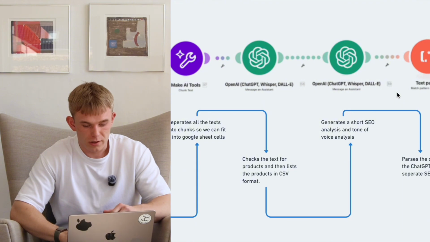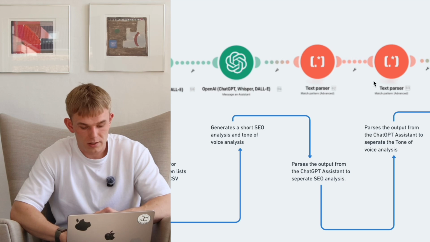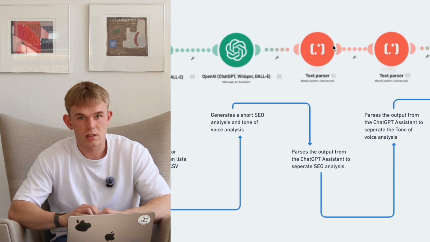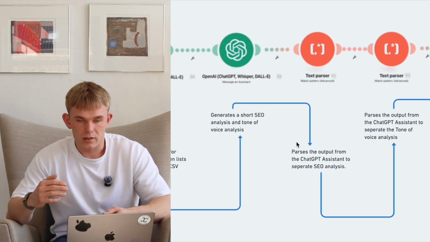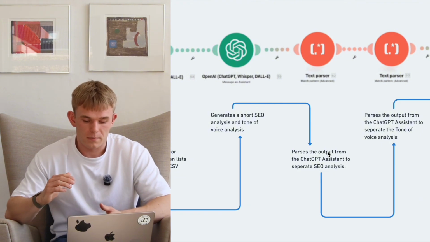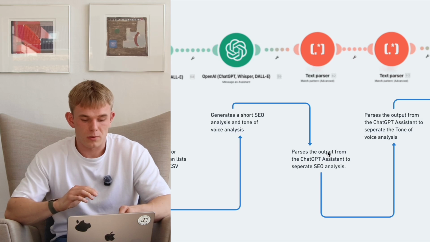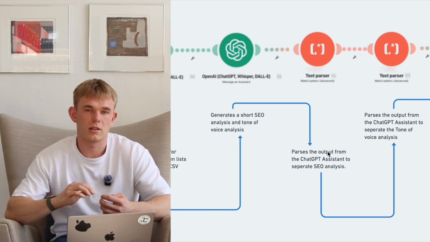The next module in the automation is a text parser. The first text parser parses the output from the ChatGPT assistant to separate the SEO analysis from the tone of voice analysis, because this output gives us both.